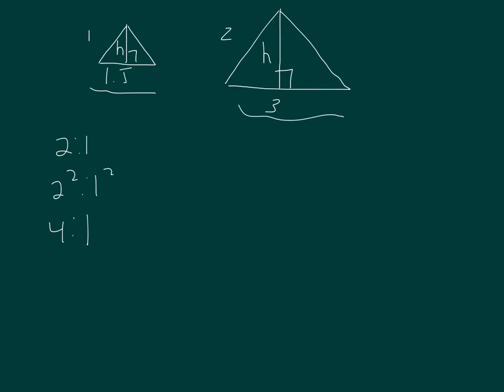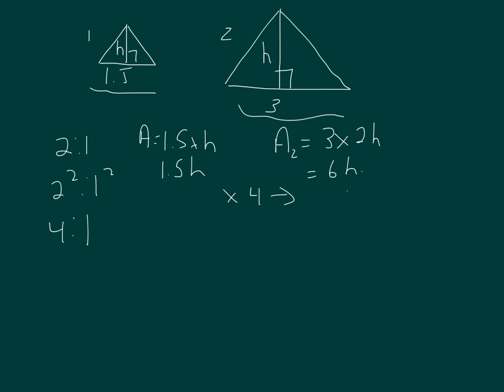Now, if I'm multiplying 1.5 times h to get the area of the smaller one, then for the area of the bigger triangle, I'm going to be multiplying 3 times 2h, and that's going to give me 6h. And so 1.5h versus 6h, there's a factor of 4 as a multiplier.